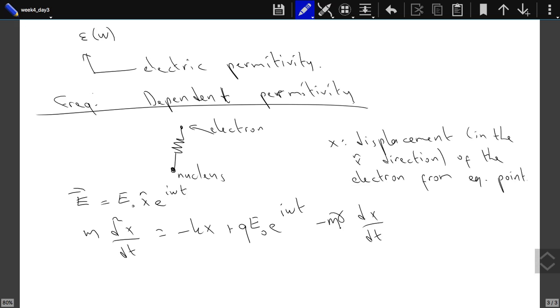Well, in the simple model, it's just moving up and down in the x direction, in the direction of the electric field. Of course, you can create a more complicated model, a three-dimensional model where there will be a spring, the electron is free to move in all three dimensions, etc. It will just complicate the discussion without really adding new insights.